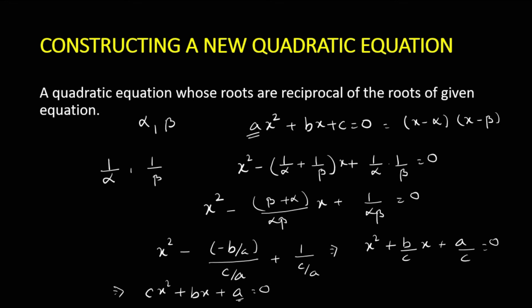So if the roots of the quadratic equation a x square plus b x plus c equal to 0 are alpha and beta, then the quadratic equation whose roots are reciprocal to these can be written as c x square plus b x plus a. So there is an interchange of terms, that is a and c, and it is noted here that there is no change in the middle term, that is the coefficient of x. So this is very important.